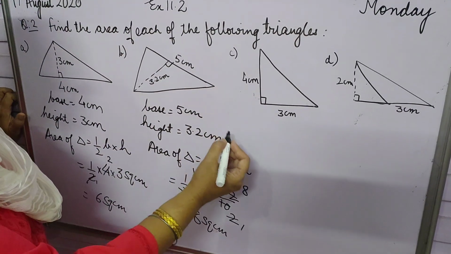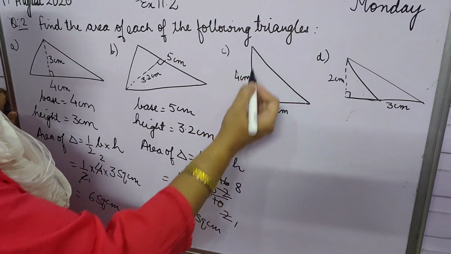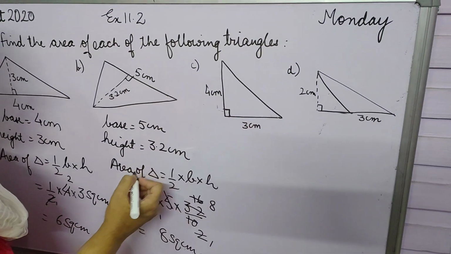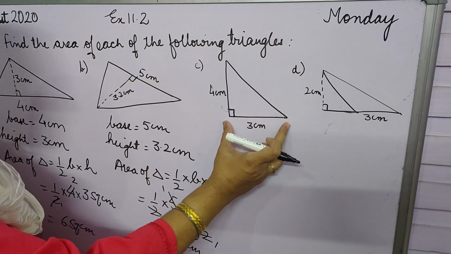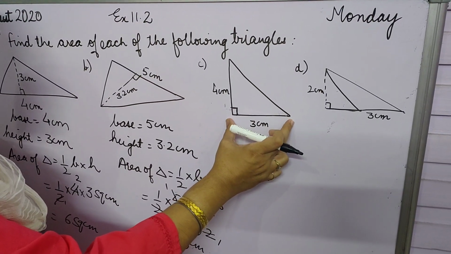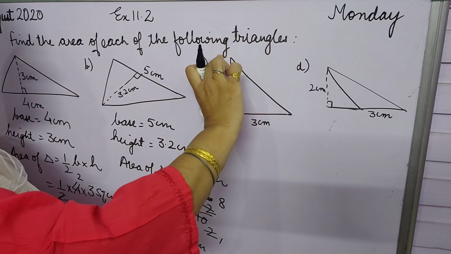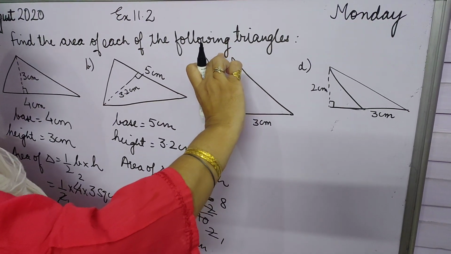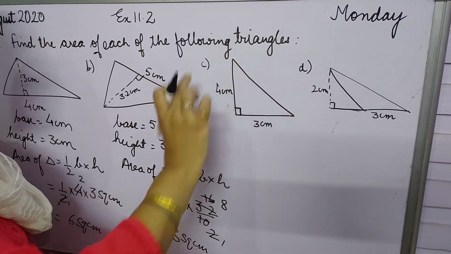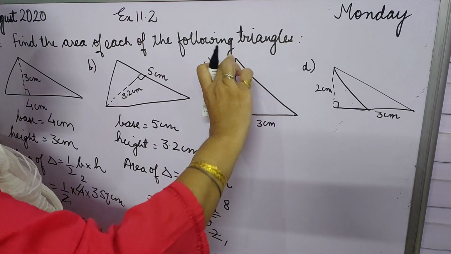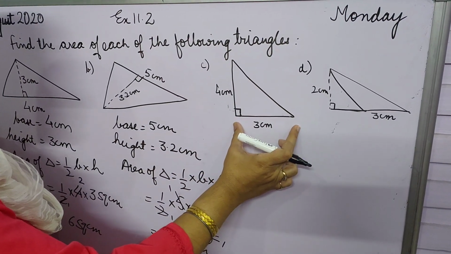Now see third part. As you can see in the figure, it is a right angled triangle. So if I am taking this as base, then the perpendicular to it, that means this side, will serve as altitude or the height. If I am taking this as base, then this will be considered as height.